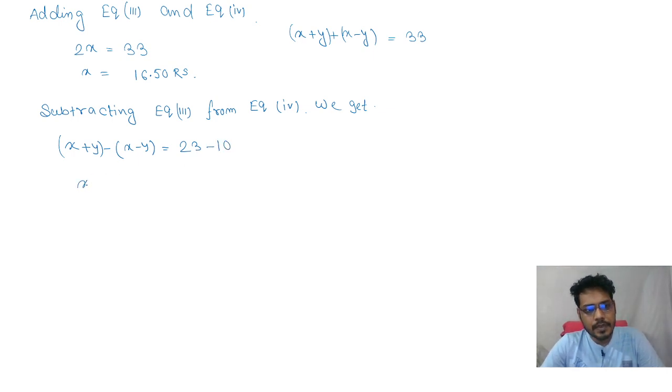So here x plus y minus x plus y, so x minus x cancel, it will be 13. So y will be 13 by 2 or 6.50 rupees.